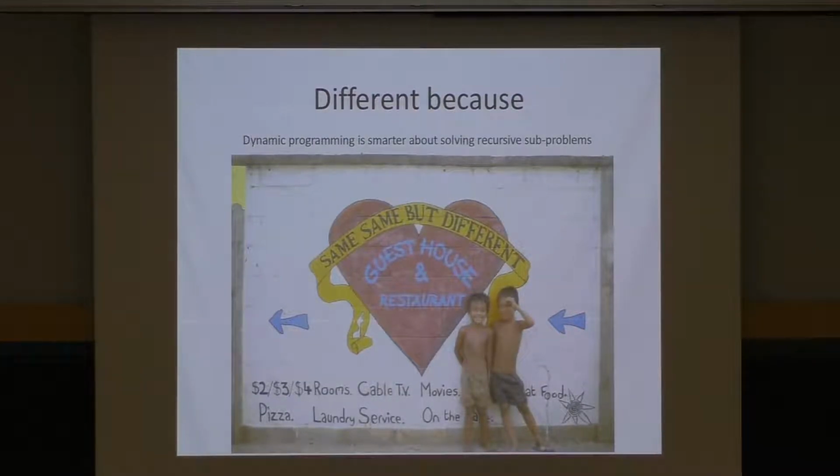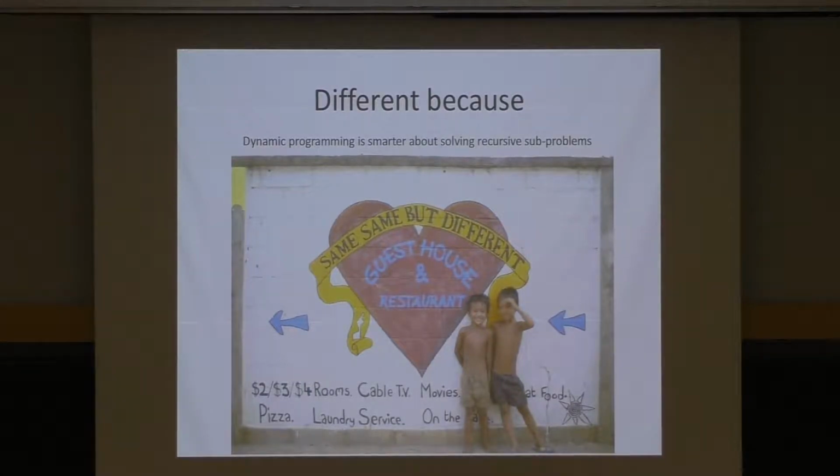Typically in dynamic programming, if you just do naive recursion, you'll get lots of repeats of the subproblem. So you'll have the same subproblem cropping up in many different places. And the main insight of dynamic programming, above and beyond divide and conquer, is that you should be smart about solving subproblems. If you've solved a subproblem already, remember the answer so that if you see it again, you don't repeat it. So that's the main difference between dynamic programming and divide and conquer.